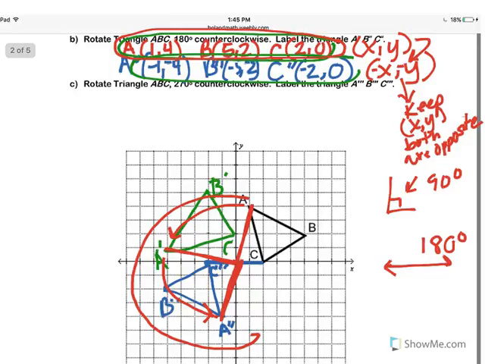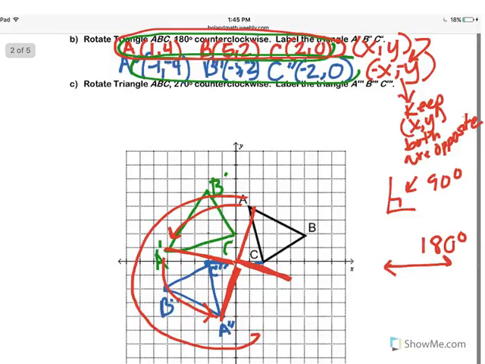So if we make another 90-degree turn, then we should have A turning 90 degrees clockwise, because that's the same thing as going 270 counterclockwise.